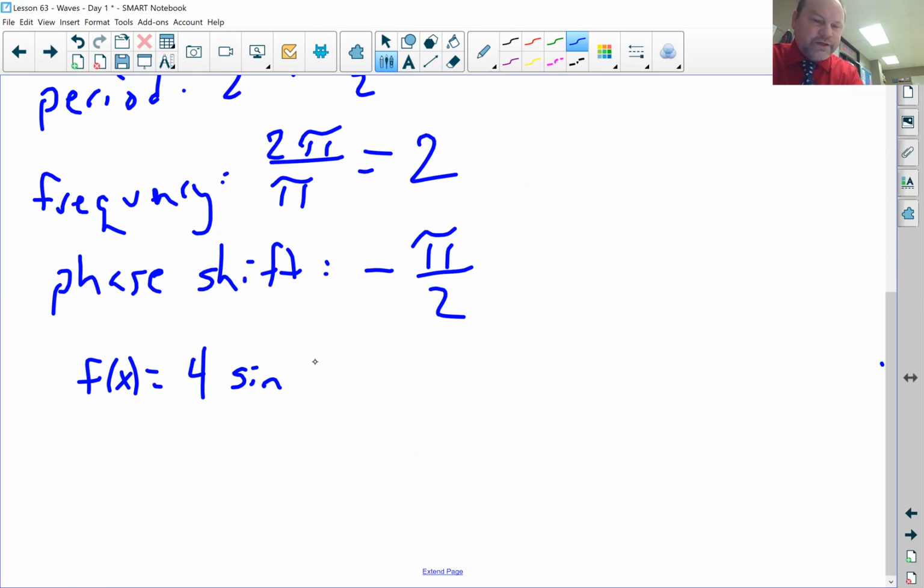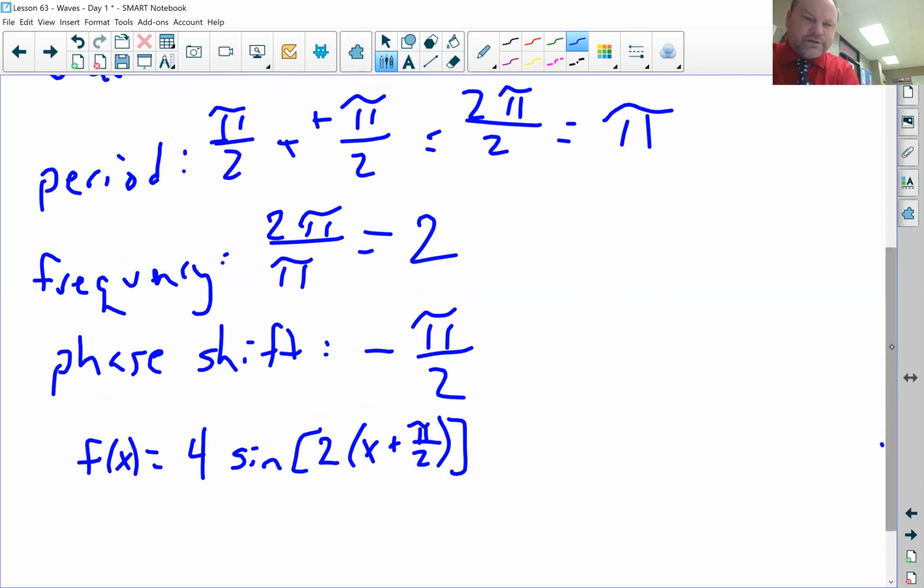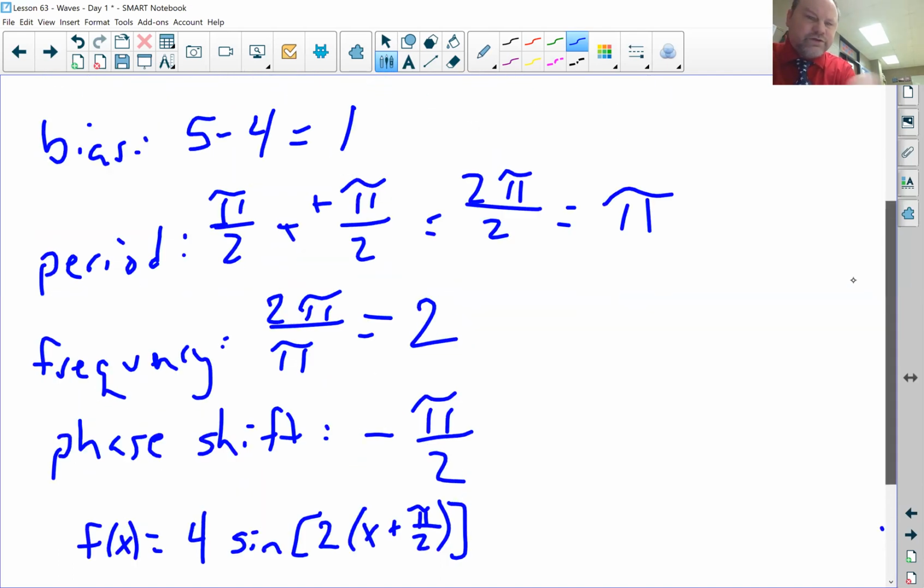And then we're going to take the frequency times x minus the phase shift plus the bias. And the bias up here was 1.